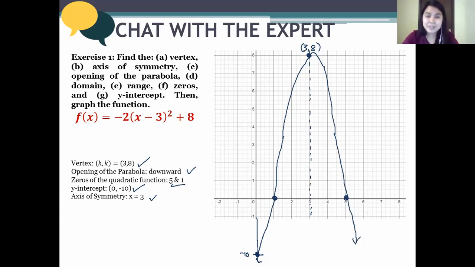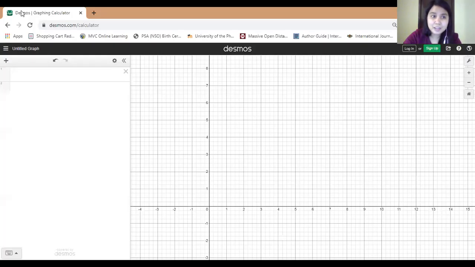Let me show you how to do it using software, because you can check your answers using software. Can you now see my graphing calculator online from desmos.com? It's a graphing calculator. So for example, let's graph the first one.